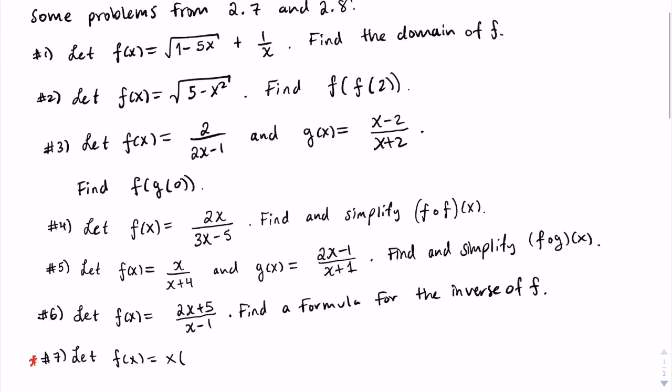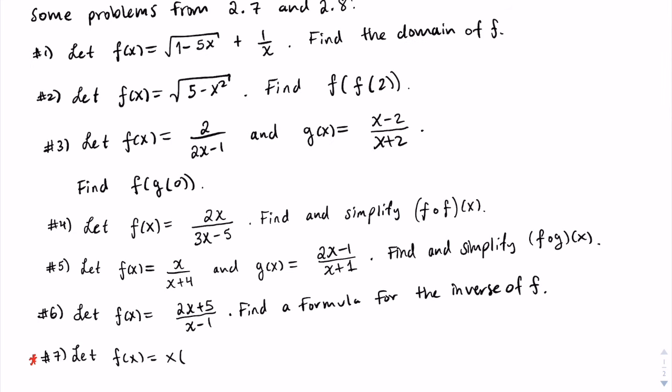So let f of x be equal to x times 2 minus x. Where x is bigger than or equal to 1, I want you to find a formula for the inverse of f.